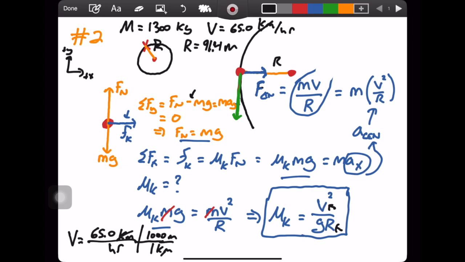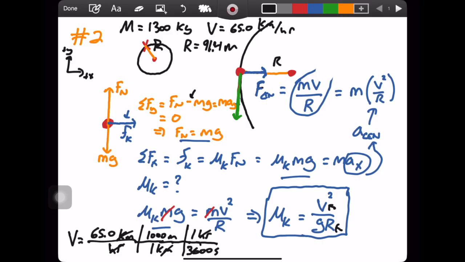That cancels my kilometers. And then I need to convert from hours to seconds. Well, 1 hour is 60 minutes, 60 minutes is 60 seconds. 60 times 60 is 3,600 seconds. You see how hours cancel?